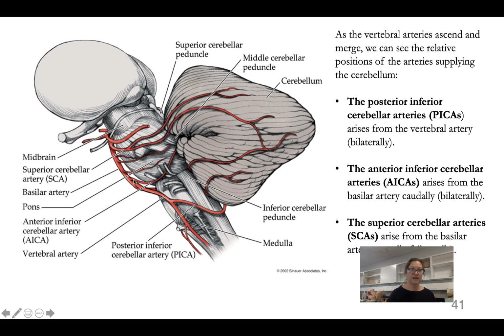And then finally you have superior cerebellar arteries arising typically from the basilar artery. So these arise from the basilar artery, these arise from the vertebral artery, and the AICAs are a little bit variable, typically arising from the caudal part of the basilar artery, not the vertebral arteries themselves.